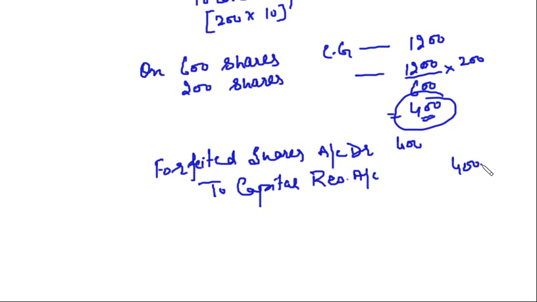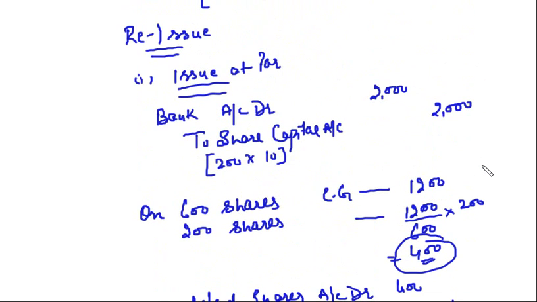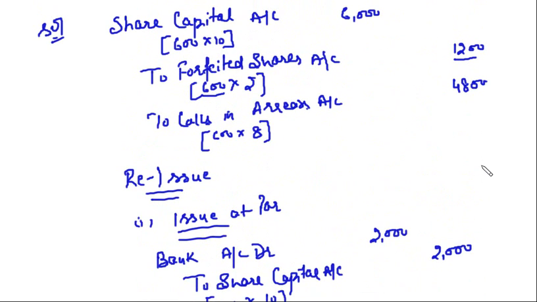Clear? I'll again explain this. Listen to it very carefully. You have 1200 rupees in the forfeited shares account. And I told you that in case of reissue of shares, whatever balance is in the forfeited shares account, you will transfer it from pocket 1 to pocket 2.